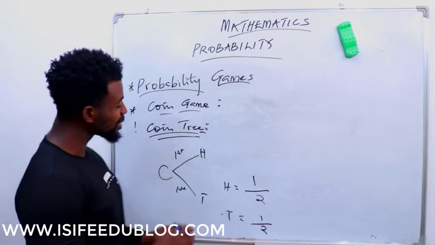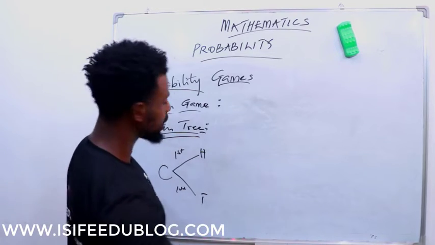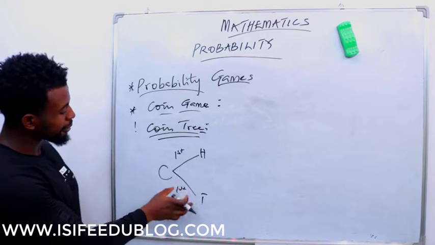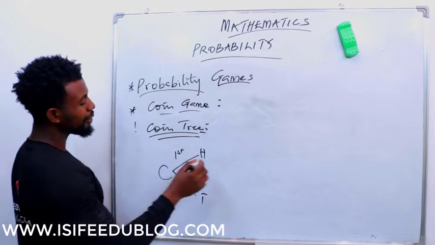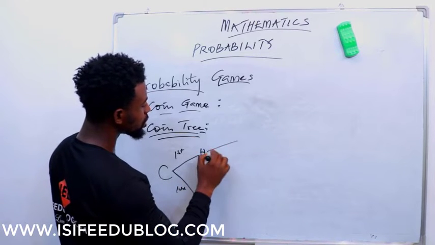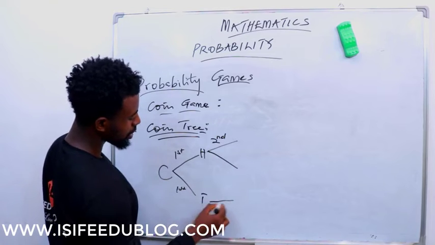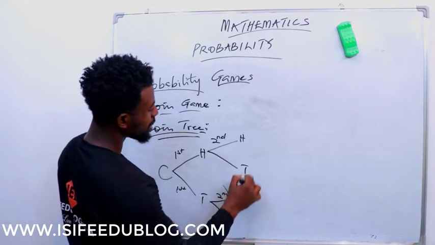Now, what if this coin is tossed twice? Or you have 2 coins being tossed simultaneously? Now, just like I showed you earlier, this branch is for our first toss. Now, for our second toss, I'll have to introduce a second set of branches. So here we have our head, our tail.